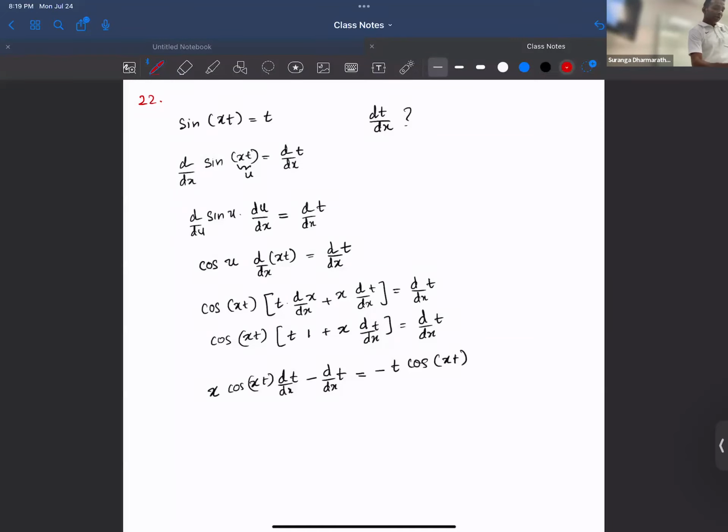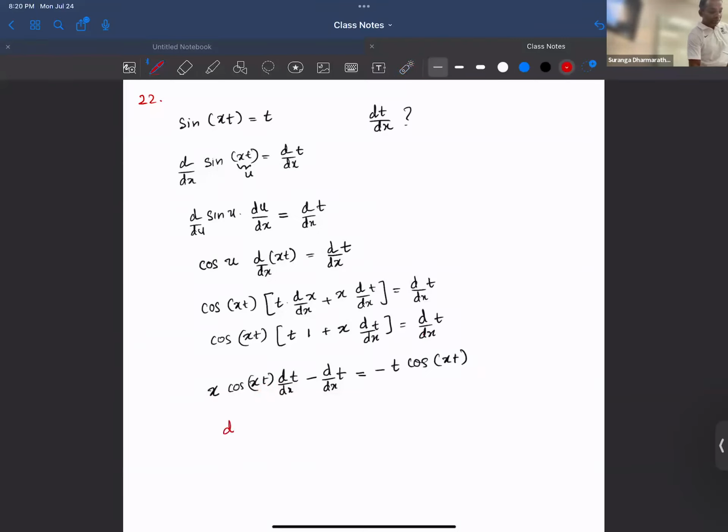What I did was I moved this term to the left hand side, and this term t times cosine xt to the other side. And then I multiply these two, x times cosine xt times dt over dx, and kept it in this side. Does that make sense? That's just algebra, right?